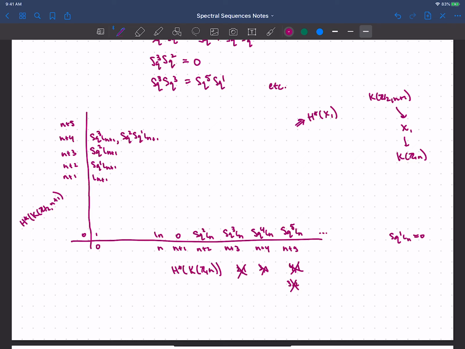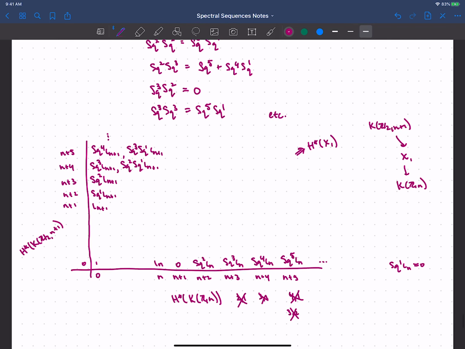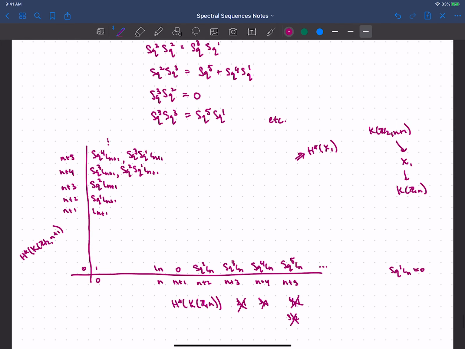In degree n plus 5, we've got Sq^4 ι_{n+1}, Sq^3 Sq^1 ι_{n+1}, and then the next would be Sq^2 Sq^2. That's not admissible, and it's actually the same thing as Sq^3 Sq^1. So that was this relation right here at the top.